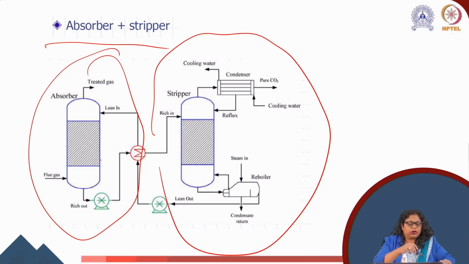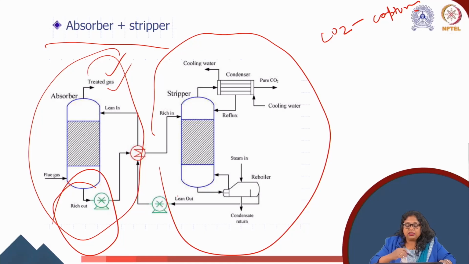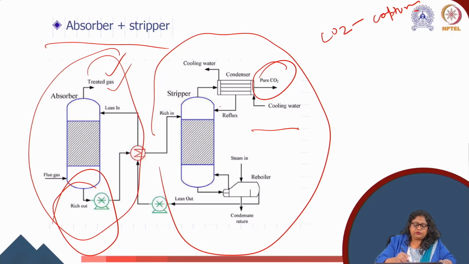From the absorber we get the treated gas, because here we are talking about CO2 capture, so the treated gas does not have the CO2. The rich solvent gets regenerated in the stripper, where we get the pure CO2, and from the stripper we get the lean solution or solvent, which enters the tower again. So this is our complete flow system.